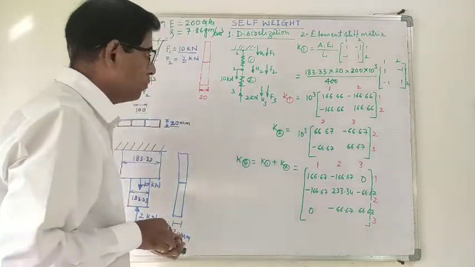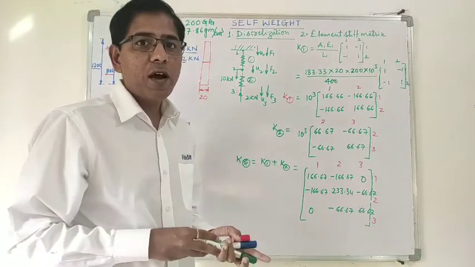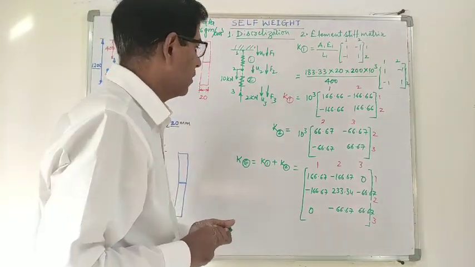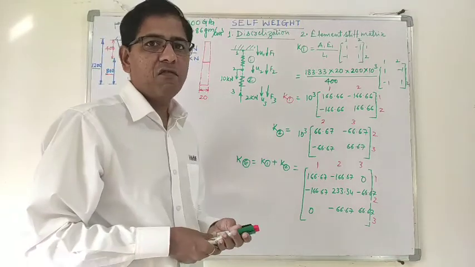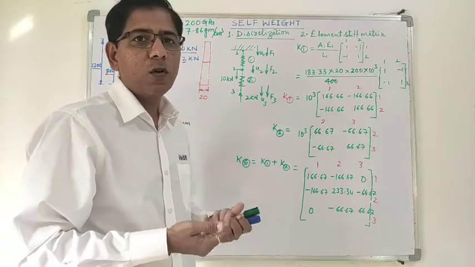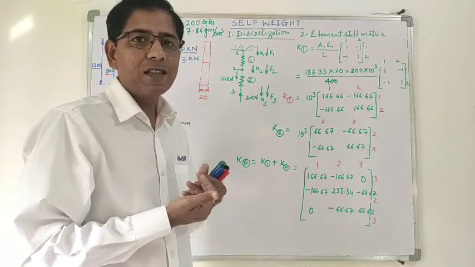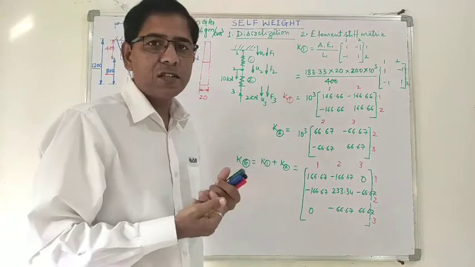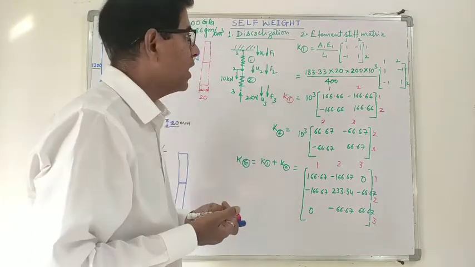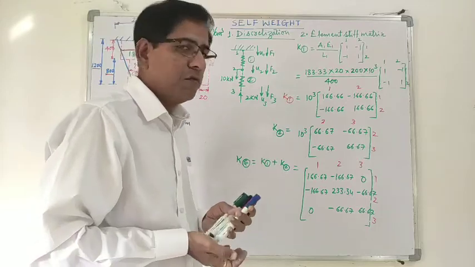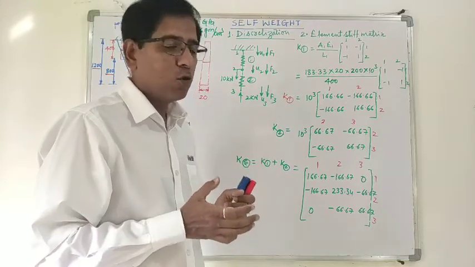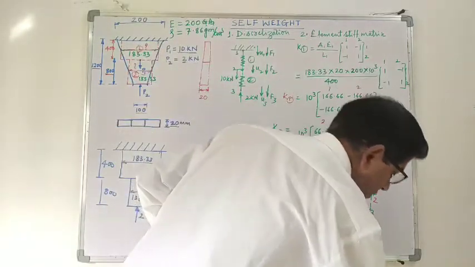Now we apply the PMP, but for this we require a global force matrix. Now here in the self weight problem, apart from the external loading, we need to consider the self weight of the sections as well. So for that we find out the global force matrix.